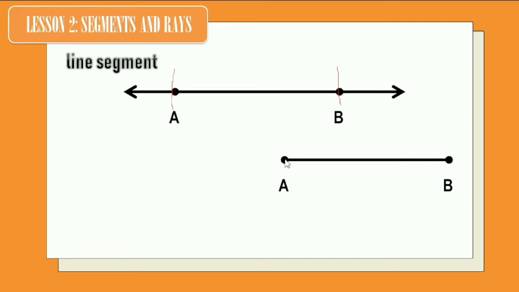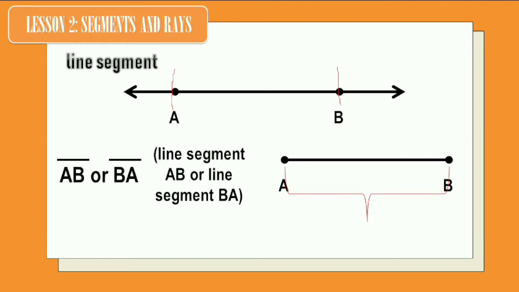Ang endpoints natin ay yung point A and point B. Paano natin siya i-represent, ang notation niya or paano natin siya isusulat or ipapangalan. So, line segment AB or line segment BA. Pwede siyang magkabaliktad. Okay lang na magkabaliktad yung position nila. Pero dapat meron siya ditong symbol na line segment.